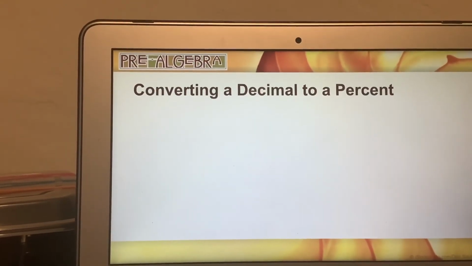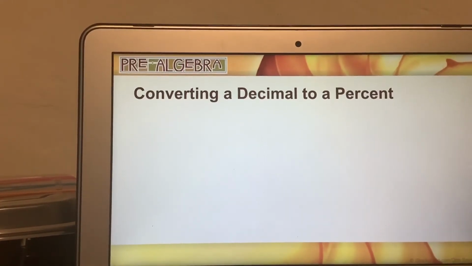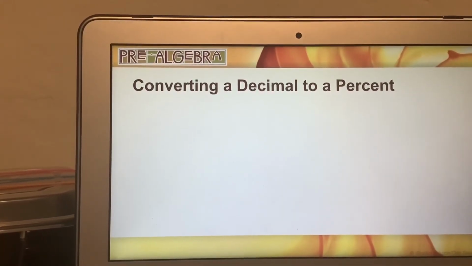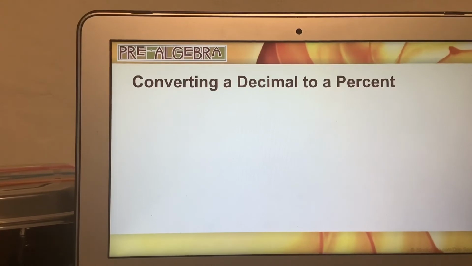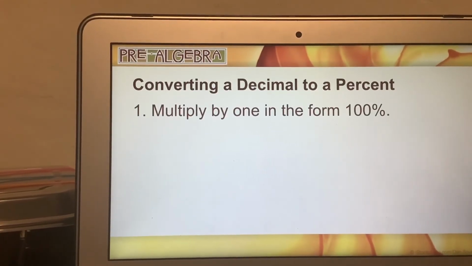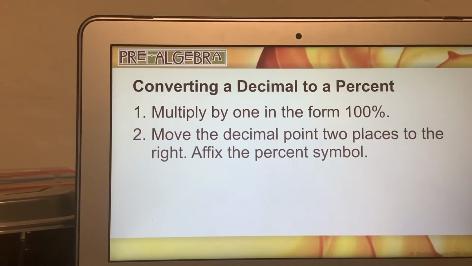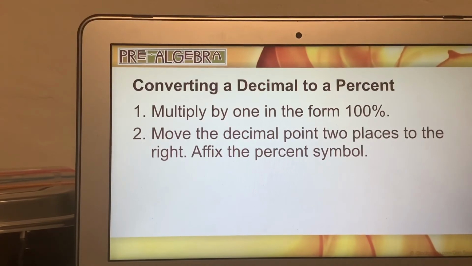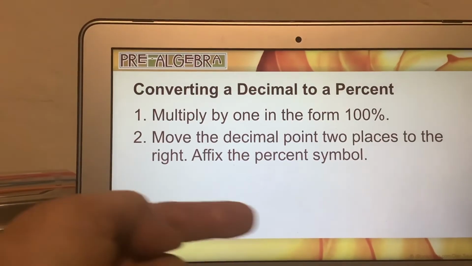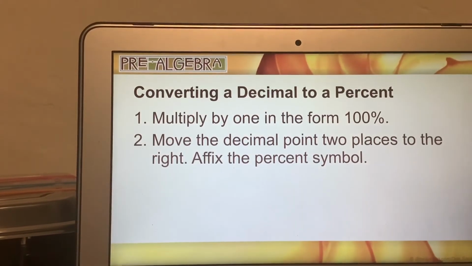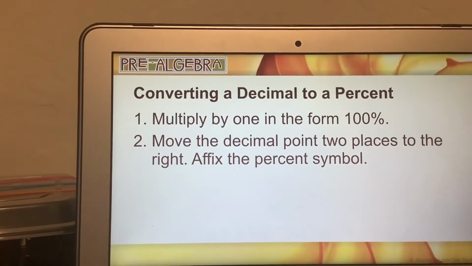Now, I'm going to convert a decimal to a percent. If I have a decimal, I have to multiply by 100%. Then I'm going to move the decimal point 2 places to the right, and then I put the percent symbol.